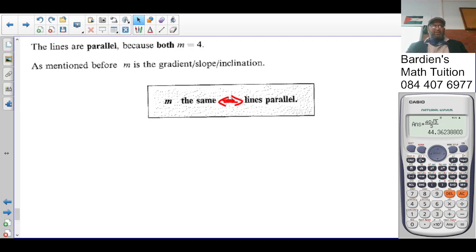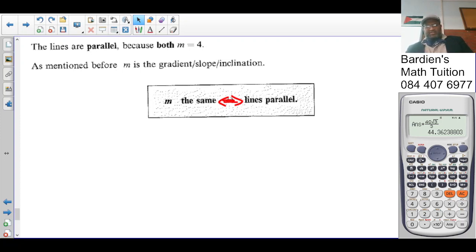Right, for homework, out of the exercise on page 71, I want you guys to do the following.